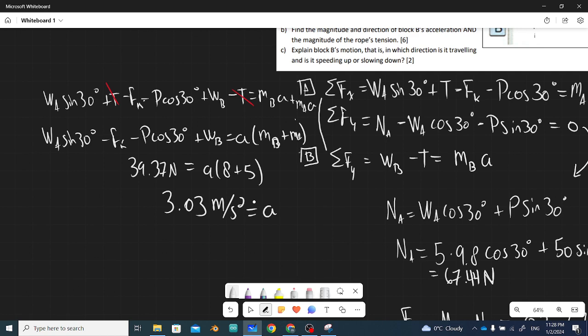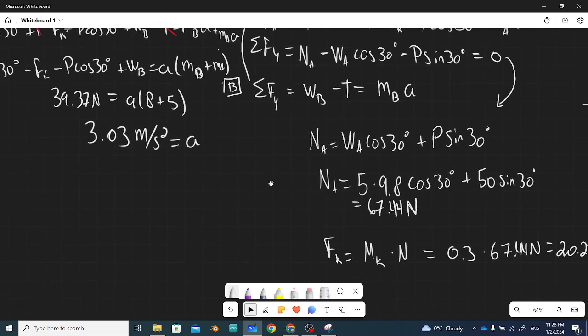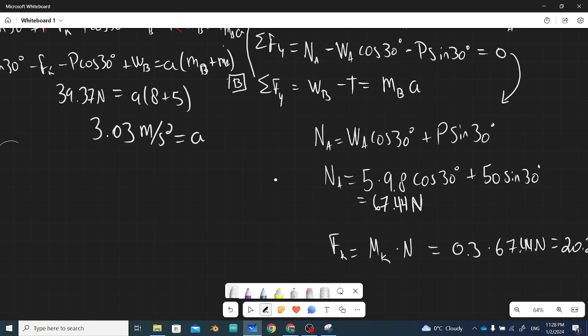Now, that works, this method, but let's also do the other method of isolating A in one equation and plugging it back in to the other. So that's what we're going to do. Now, I'm going to isolate A in the B equation, so just divide by mass of B over MB.